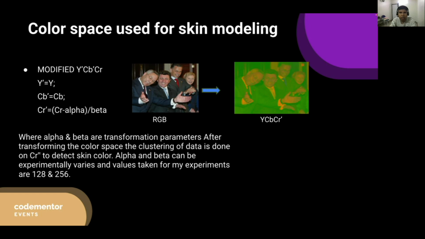So the modified CbCr color space helps us detect the skin color for skin modeling. Why have we chosen this?